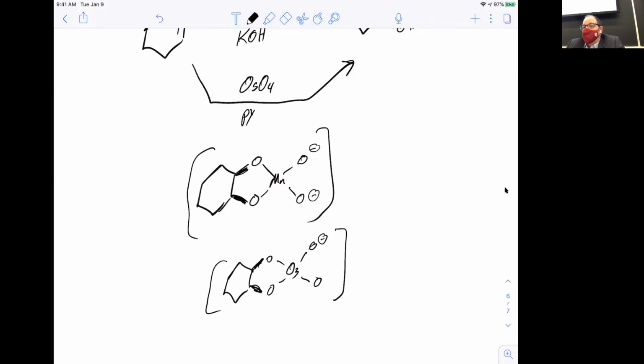And since that's a planar intermediate, both of those oxygens have to come down from the same side, right? So we're adding both oxygens to the alkene from the same side. So that gives us syn addition. Because of the formation of the manganese oxide and the osmium tetroxide, since that's a planar group coming in, you're not going to get alcohol adding from the bottom and the top. They're always going to be adding from the same side.